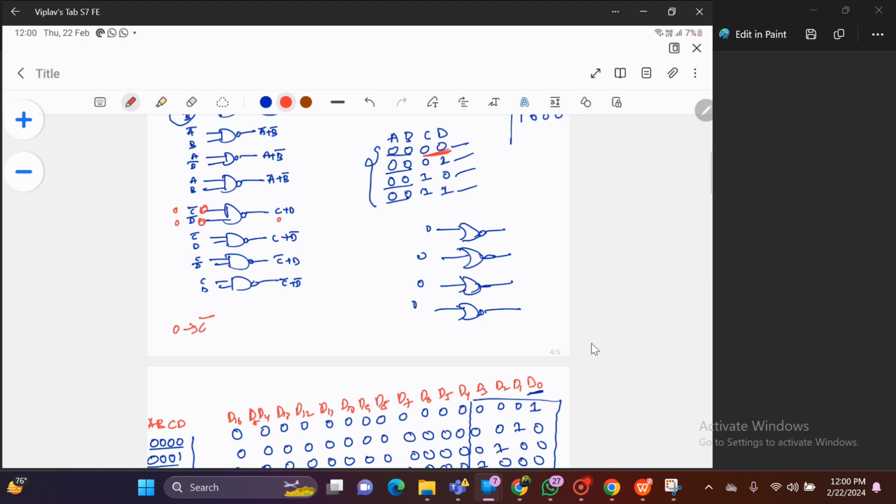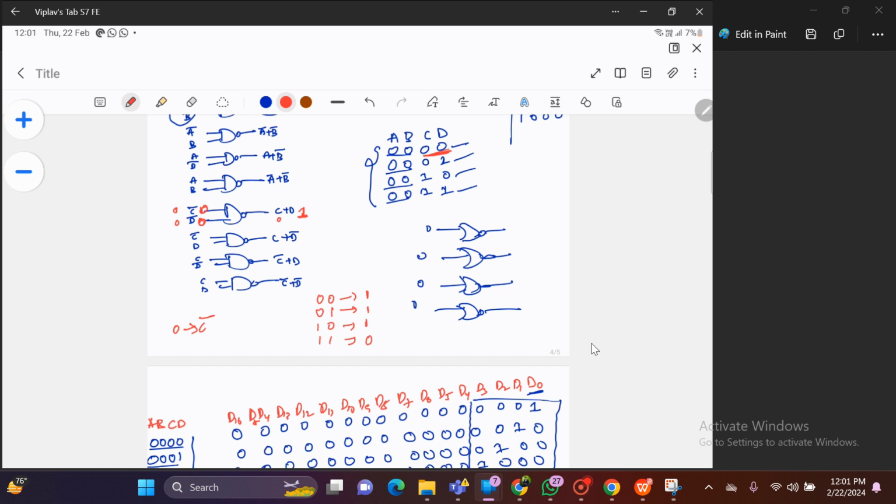When we give 0 0 input to the NAND gate, the output is 1. We have to know the NAND gate truth table: 0 0 is 1, 0 1 is 1, 1 0 is 1, 1 1 is 0.